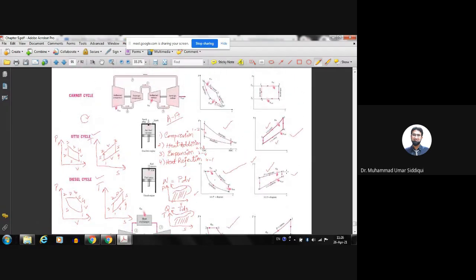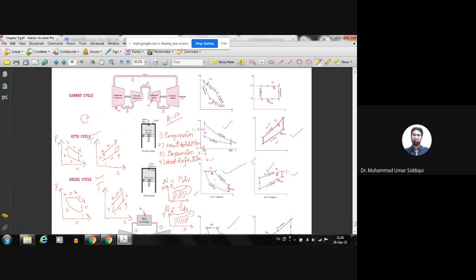I have not explained what the Otto cycle, diesel cycle, and Brayton cycle are. I'm going to explain these later. Right now, I have just devised a methodology where you can understand the processes in the cycle, their sequence, and the differences between these three cycles. These three are the main cycles we are going to cover in chapter number 9.